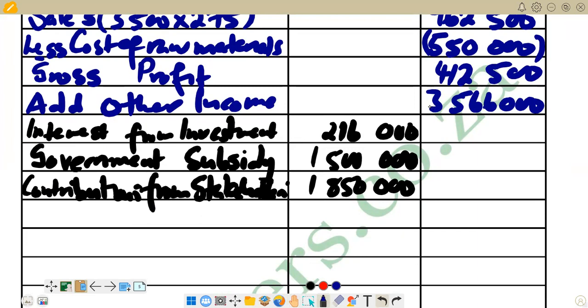So this figure, remember, we are adding to our gross profit there. And then the figure that we are going to get here is called total operating income. The total will come here.